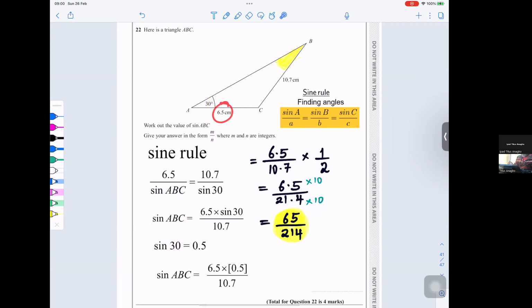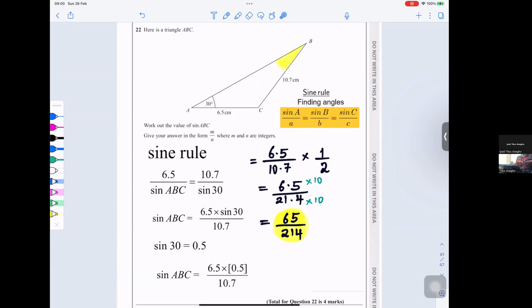So it's 6.5 divided by sine of the angle we're looking for, equals 10.7 divided by sine of the angle. I put the formula for the sine rule there, and that should be given to you in the formula book. You don't use all three, you just pick 2 of them and use them at a time.